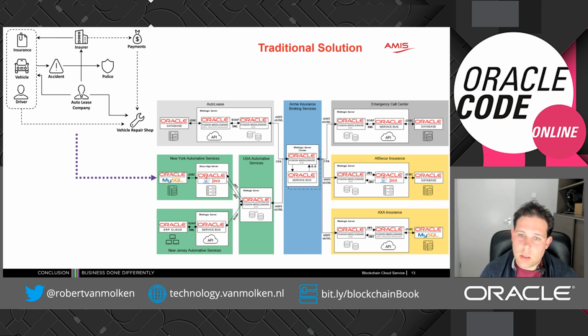So in this case, what can happen is that if Autolease is sending out an insurance claim through the broker that needs to be received by the two insurance companies, the broking service needs to have that mechanism in place. But in a traditional B2B solution, you have maybe a functional document describing the business transactions and the messages going over the line.